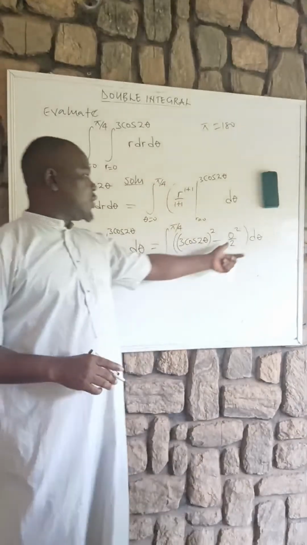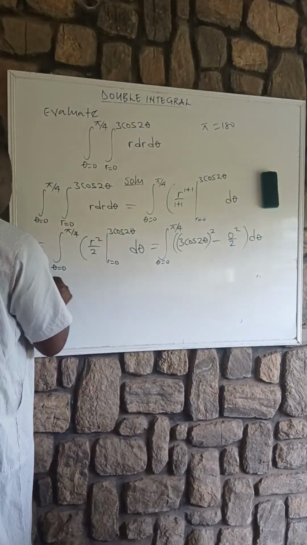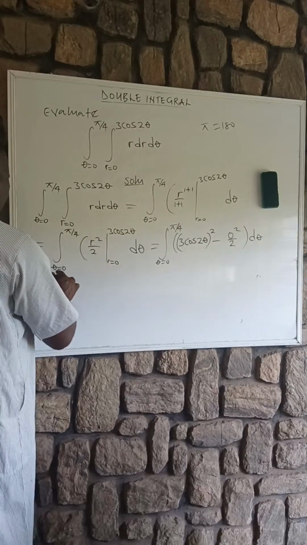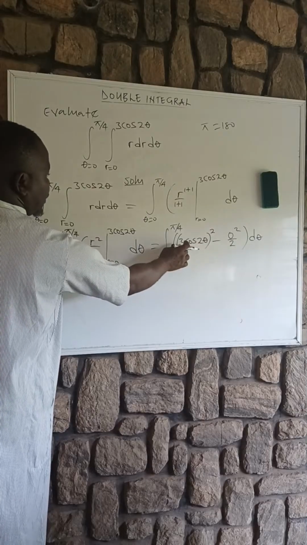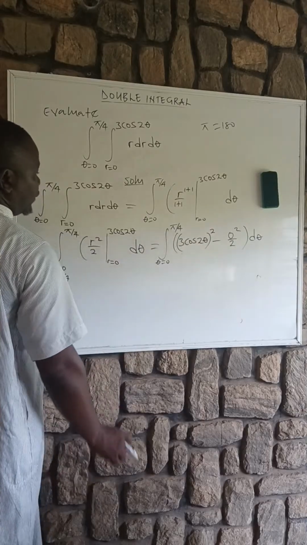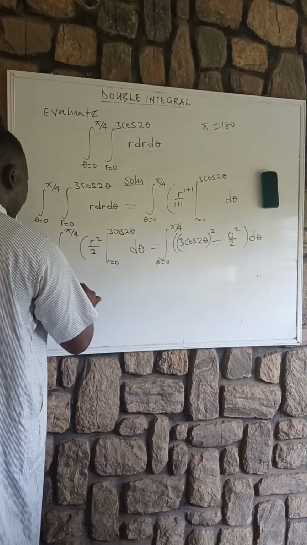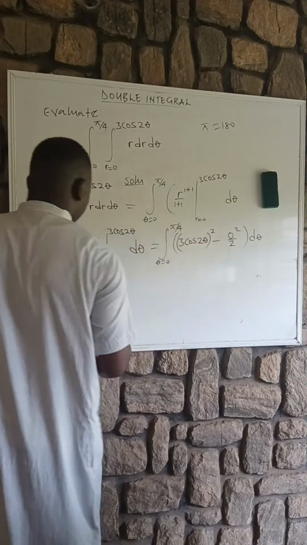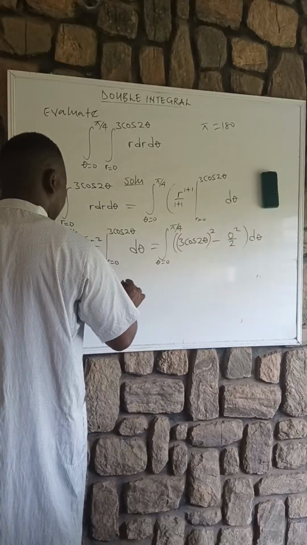You can see that already this is 0, true or false? So here is the same thing as the integral theta from 0 to pi over 4 of 9 cos squared 2 theta minus 0, d theta.